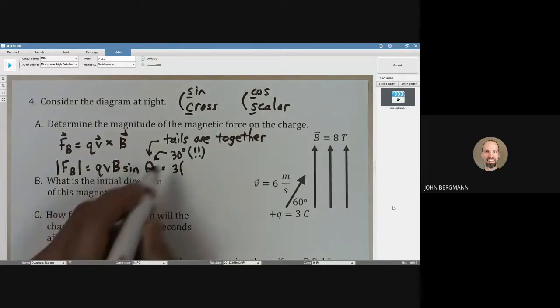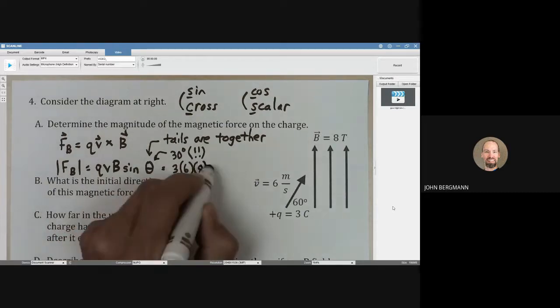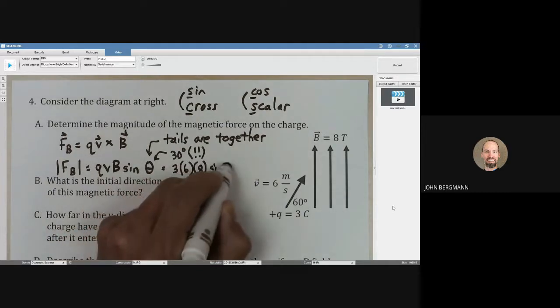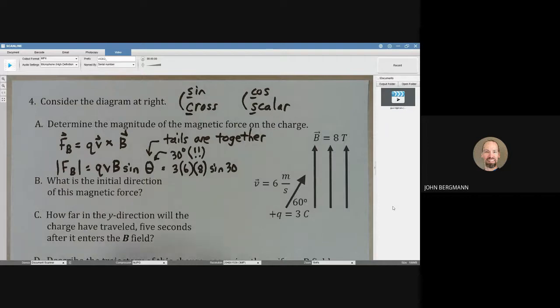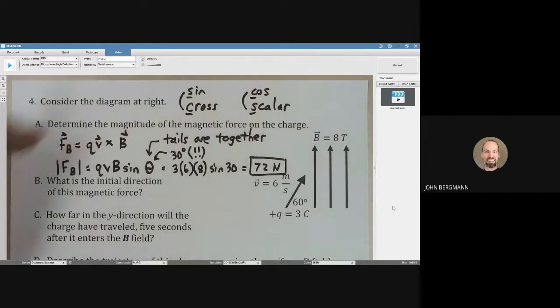Q is 3, V is 6, B is 8, and then we want the sine of 30, not the sine of 60, even though 60 is what's shown in this picture. In that equation, it's when the tails of the vectors are tied together. We want the angle between those. So that's going to be 1/2, and that's 8. So that's 4 times 18, which is what? 72? 72 newtons. That's the magnitude of the force.